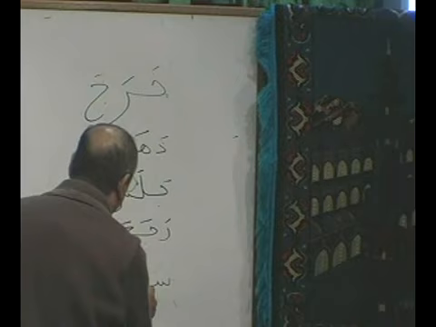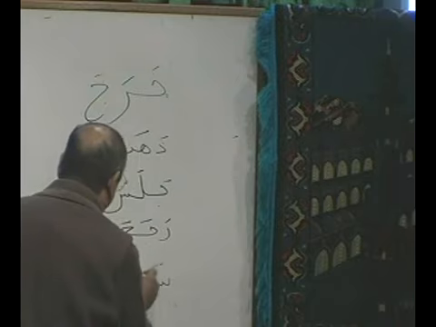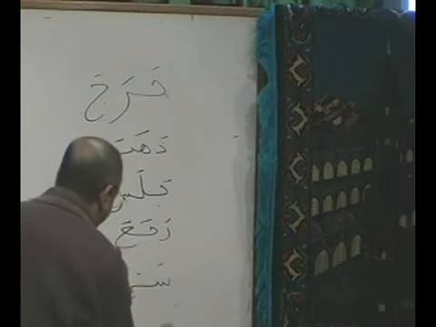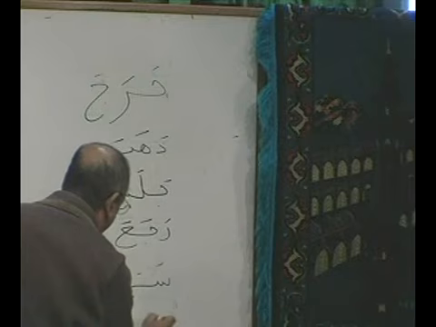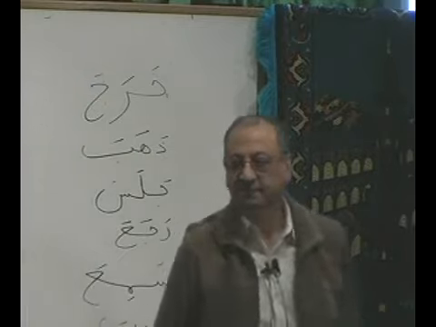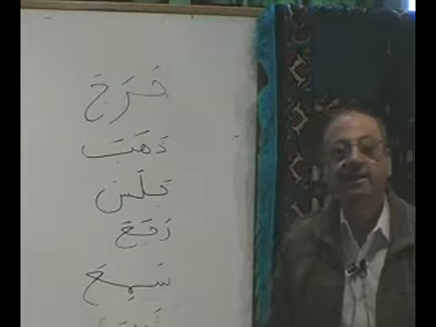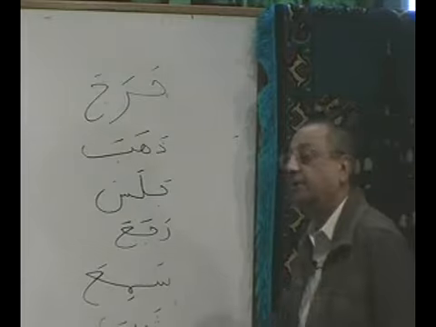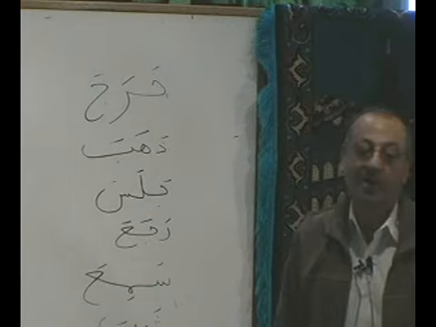I write down here two very popular verbs: samia, and then I am writing shariba. Okay, brothers and sisters? Samia. What is the meaning of samia? He heard, or he listened. Shariba: he drank. Okay? Fine.